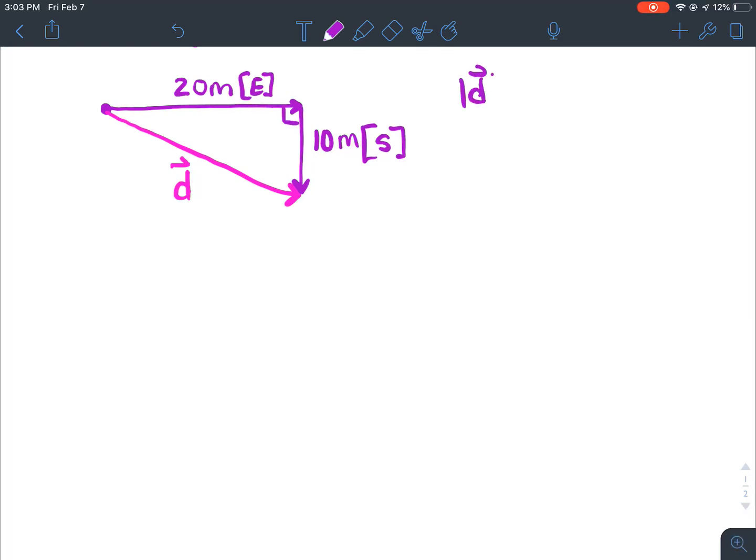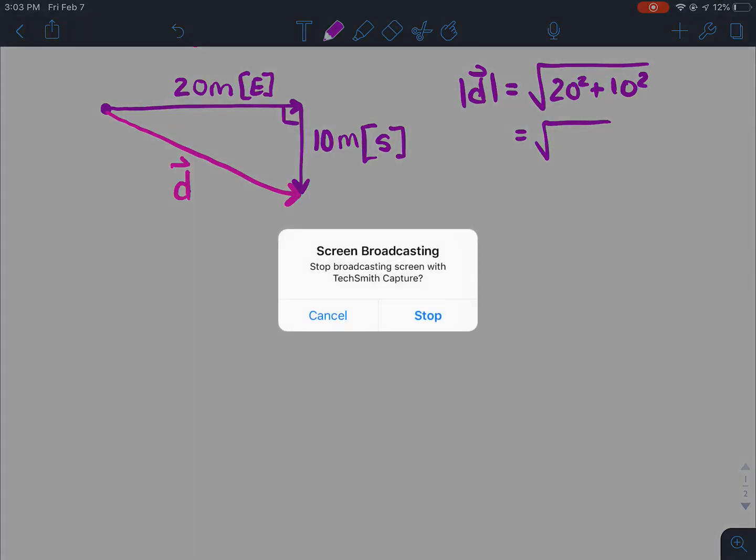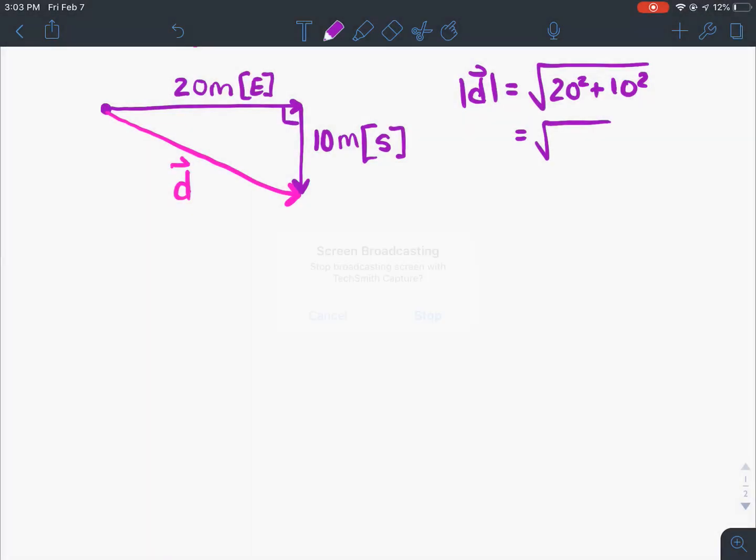So to find the magnitude of vector D, I'm going to do 20 squared plus 10 squared. I don't know what that equals, but we'll just keep it as the square root of 500 meters.